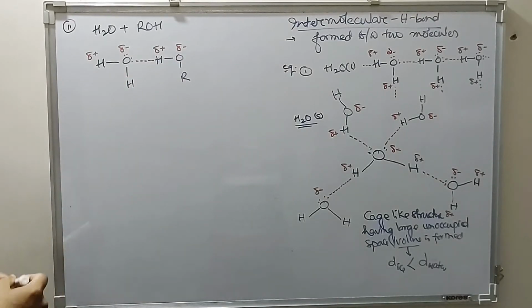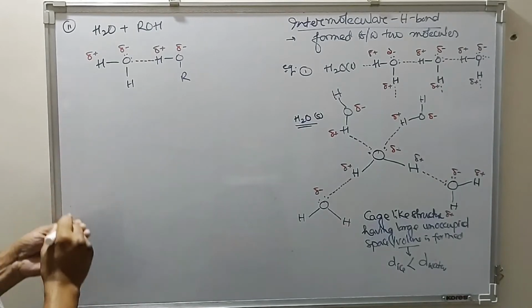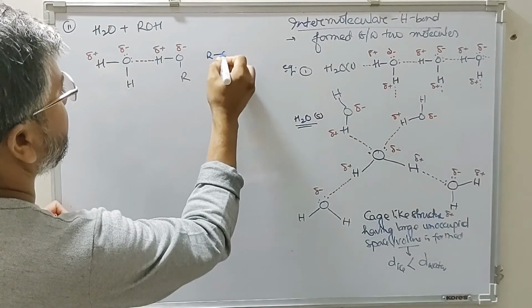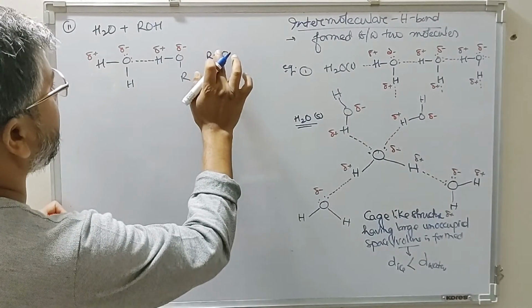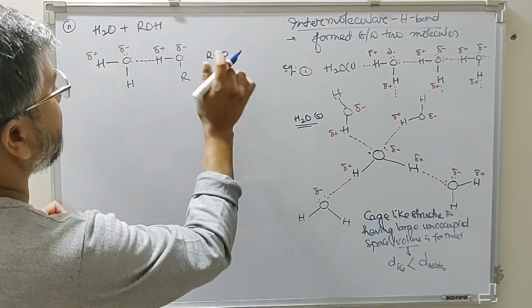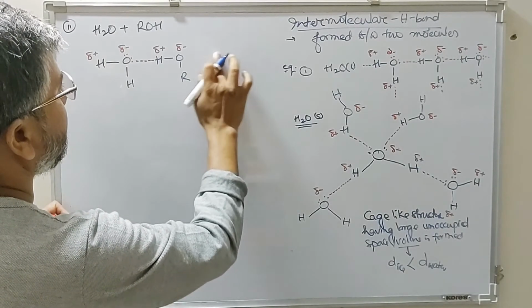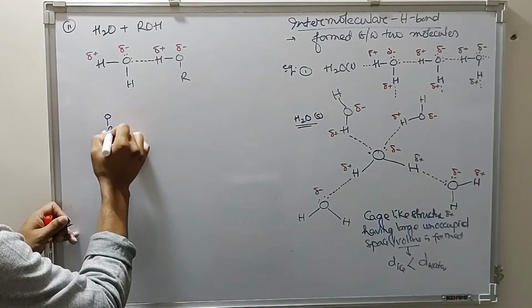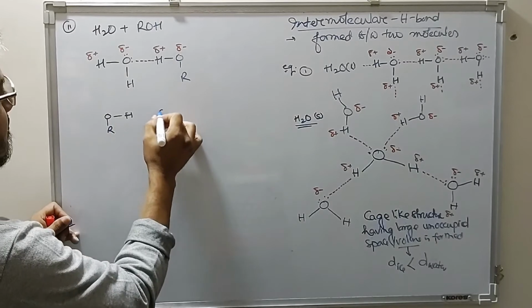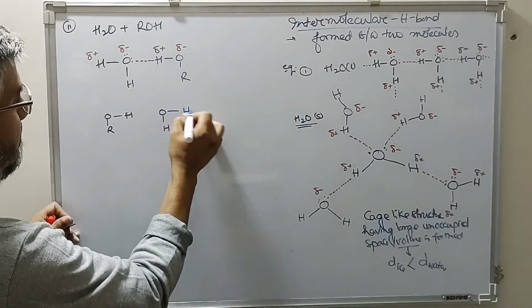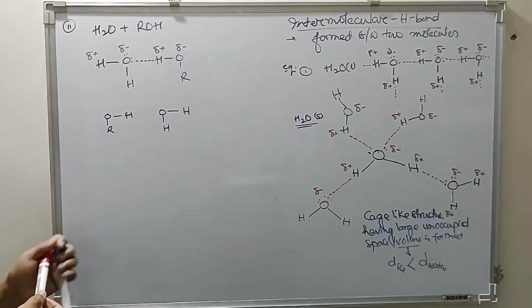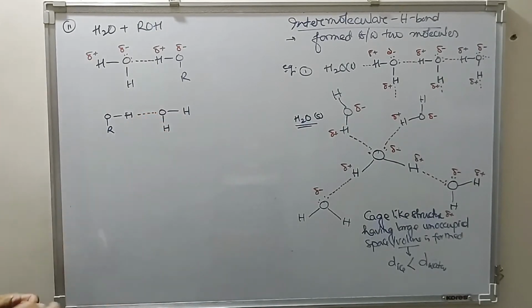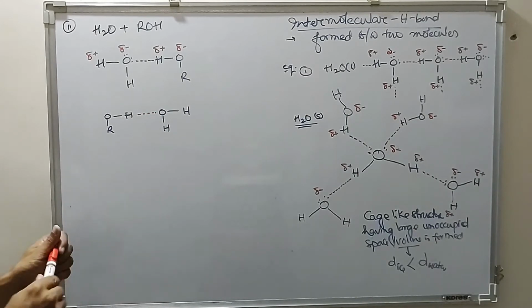Or we can also have this, the hydrogen of alcohol and oxygen of water. Again this forms intermolecular hydrogen bond.